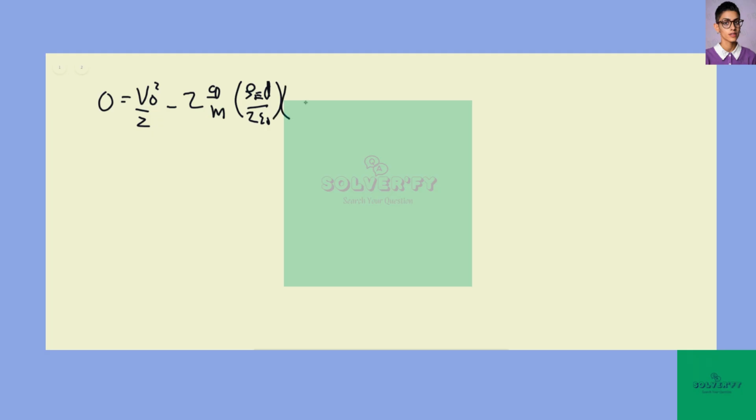And we have our r vector, our r vector is y naught over square root of 2 minus 0. Cool. So now we can just solve this for v naught squared. This over 2 equals 2q over m rho e d over 2 epsilon naught y naught over root 2.